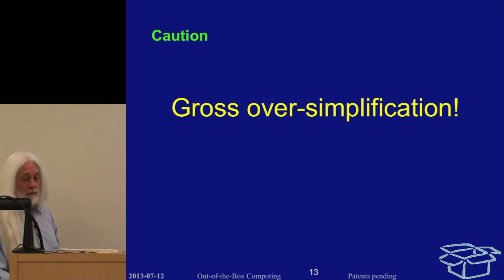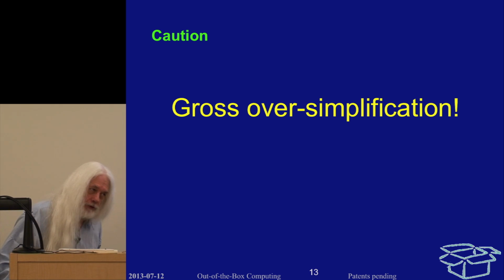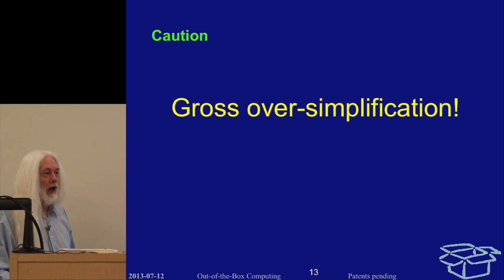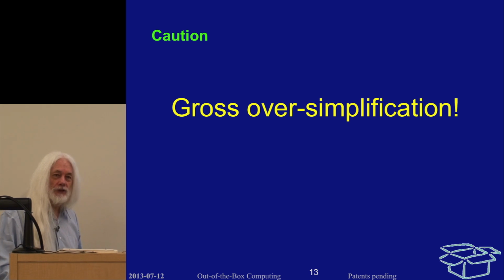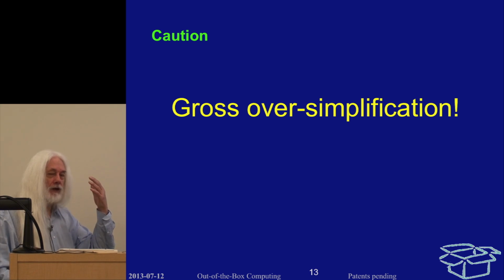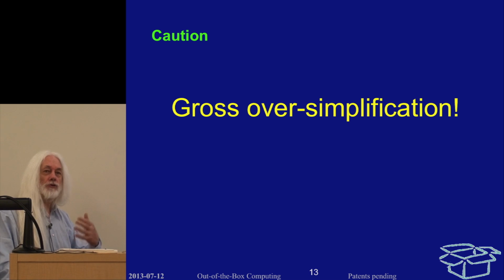Now what follows is a gross oversimplification. Most of you have never seen the inside of the guts of a CPU at the designer level. They are incredibly complex beasts. And what I'm trying to do is convey an intuitive understanding of the nature of the problem.